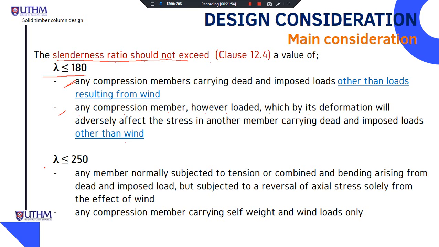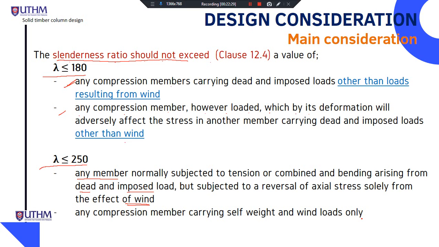Okay, so the second situation is that the slenderness ratio should not exceed 250 for any members normally subjected to tension or combined bending arising from Gk, the dead load, and also Qk, the imposed load, but subjected to a reversal of axial stress arising from the effect of wind, and any compression members carrying self-weight and wind loads only.